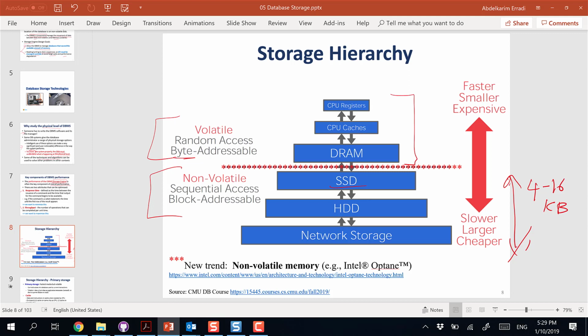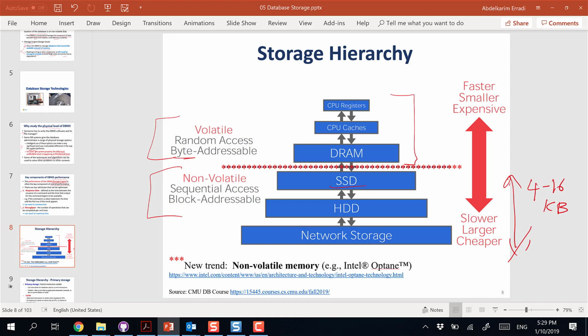We access a block, we read it to memory, we modify it, we might query it. Especially if we modify it, we write it back as one block. So the unit of reading and writing in a database is a block, not a byte or a record. It's a block. And this block is fixed size. So each database has its own fixed size block.